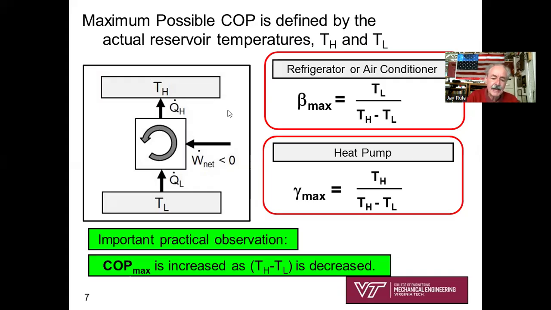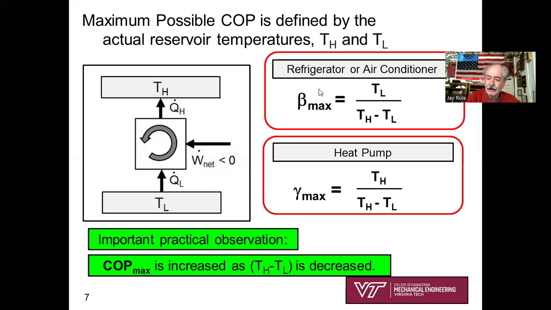Let's remind ourselves, how would you calculate the maximum possible coefficient of performance for a refrigerator? And how would you calculate the maximum possible coefficient of performance for a heat pump?